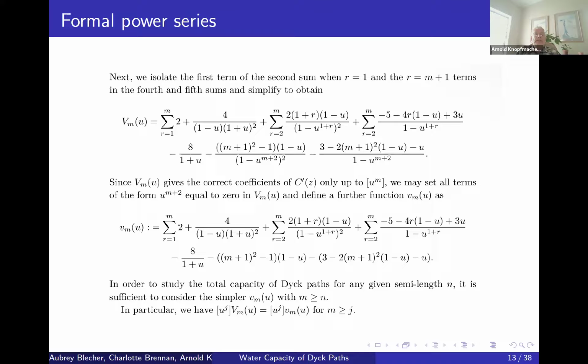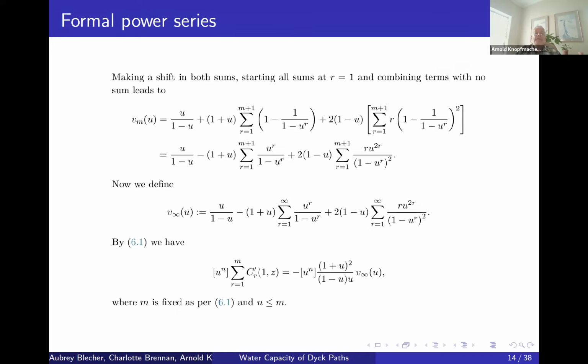Okay, so now we go to the next page, and we can do some more combining of the simpler function. The good news is that we can get rid of those divergent sums by combining them with some of the other sums. And eventually we get a little v_m, which simplifies quite nicely.